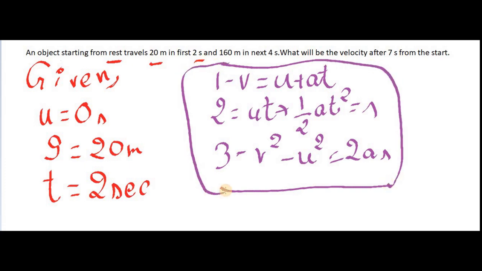So what do you think we can use in this problem? We can use the second equation of motion, that is s is equal to ut plus half at square.